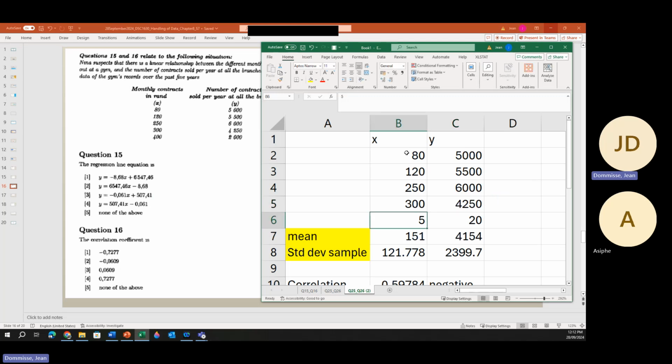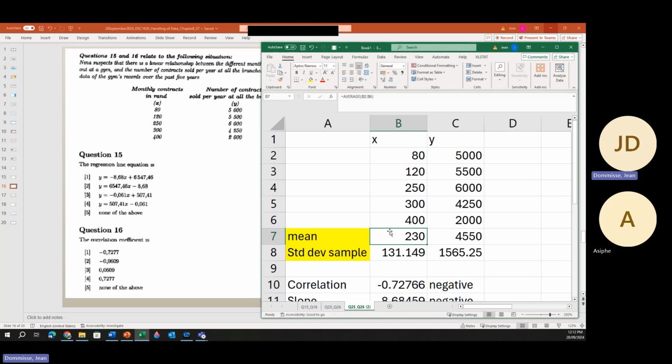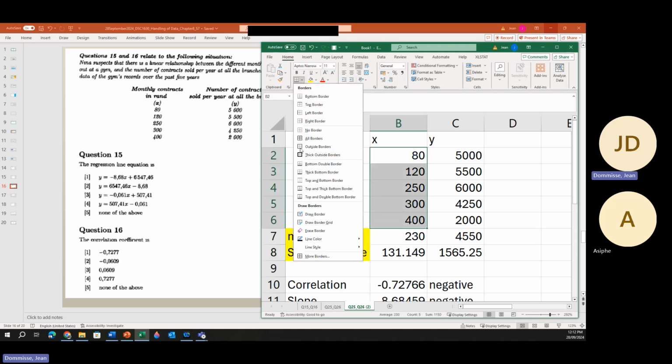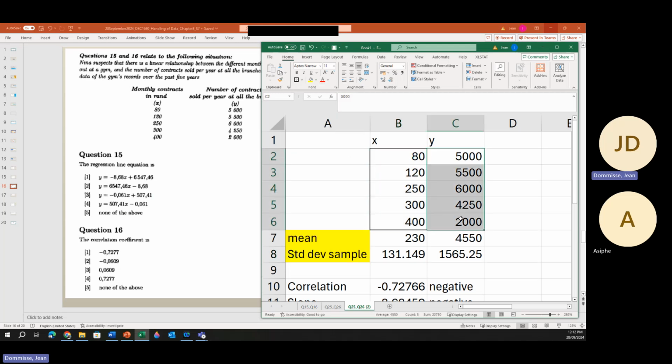So it is coming down again, and then 400, and Y is 2,000. Okay, so if we again work out the mean of each one, it is set to work it out for that whole section again, so that is fine.